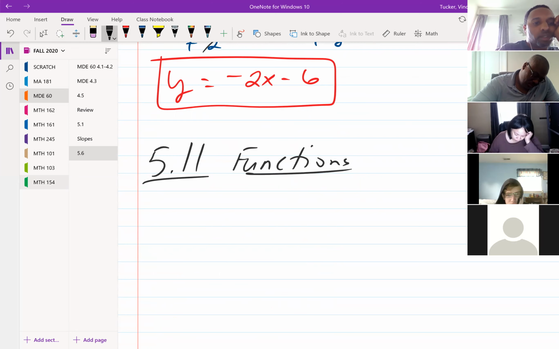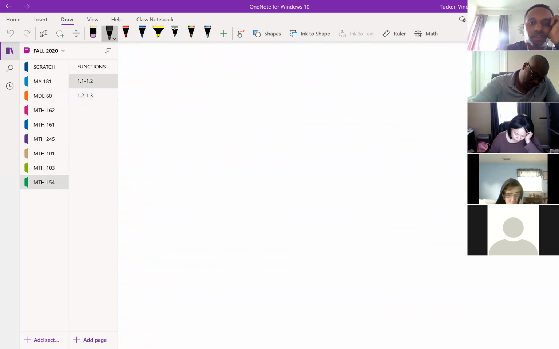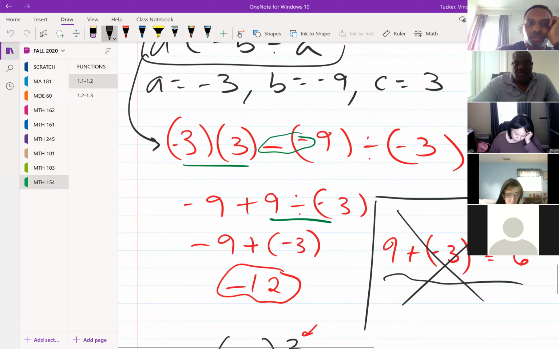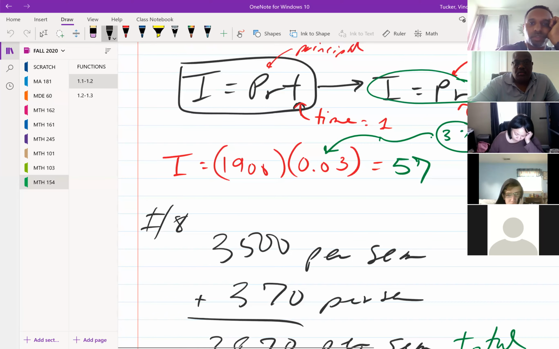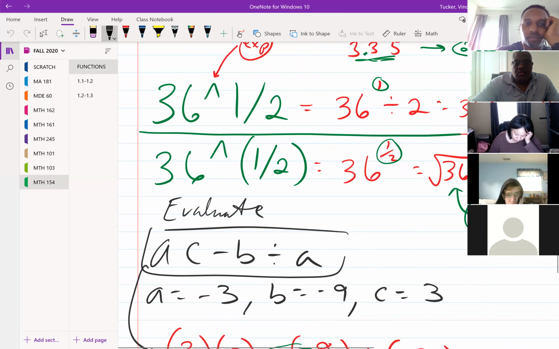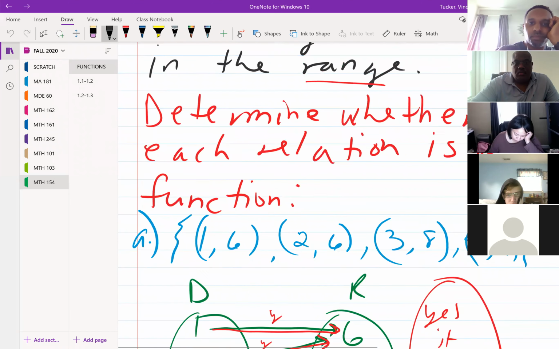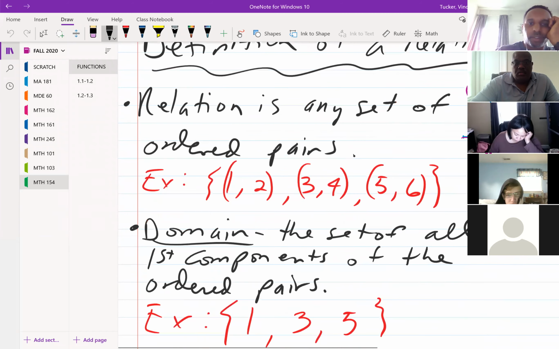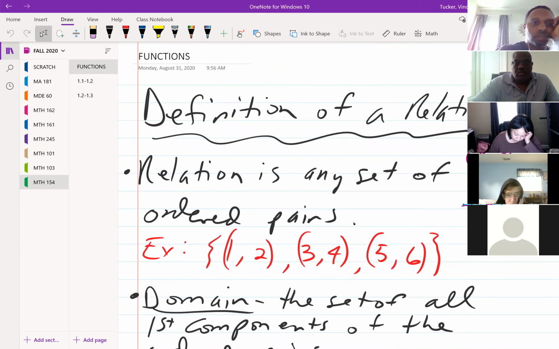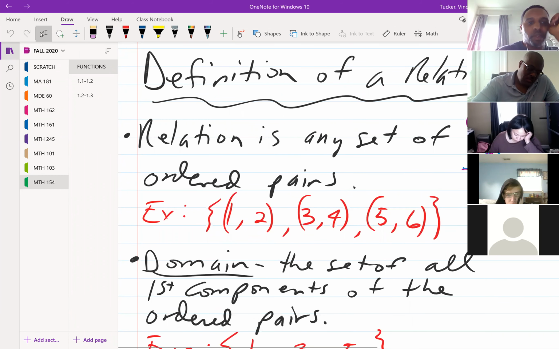Let me see if I can find it. Instead of rewriting this, let's start here. So we're looking at our functions.